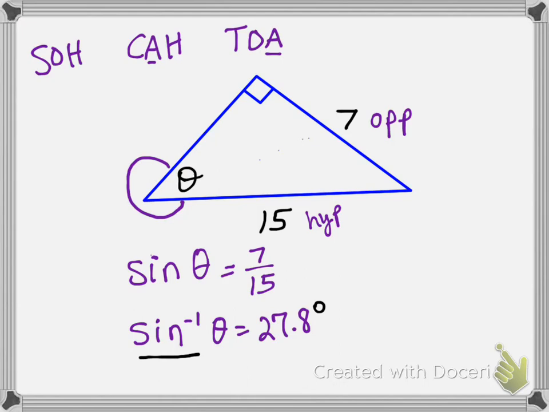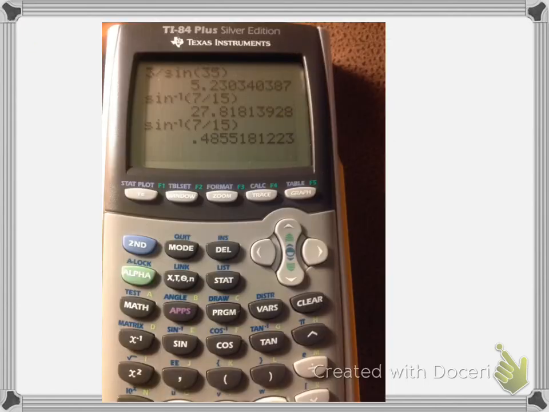Now, speaking of degrees and radians, if you get something unusual, like maybe this one here. You see, it looks like it's put in the calculator correctly, but I've never seen an angle that's 0.4855, something weird. Well, in that case, your calculator may actually be set to radian because we're using that in our first period pre-calculus class. So you may have to fix it.